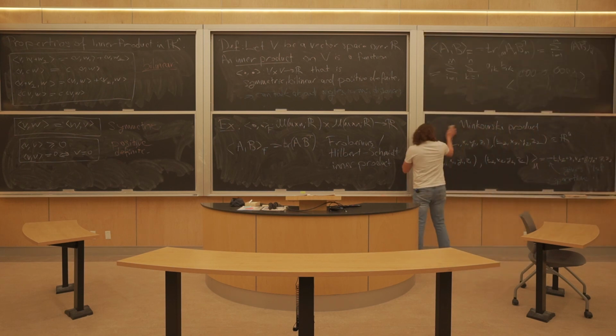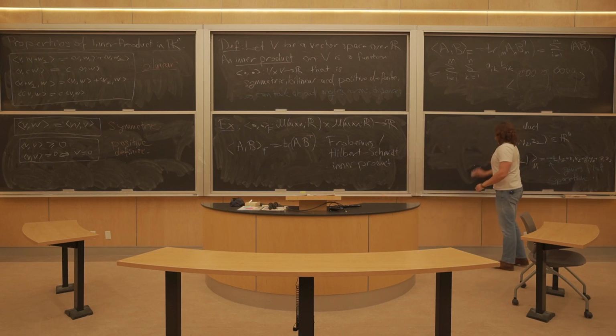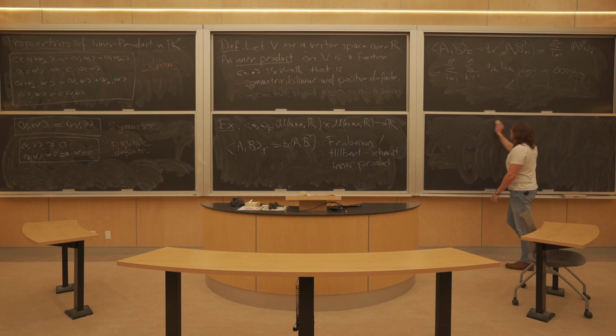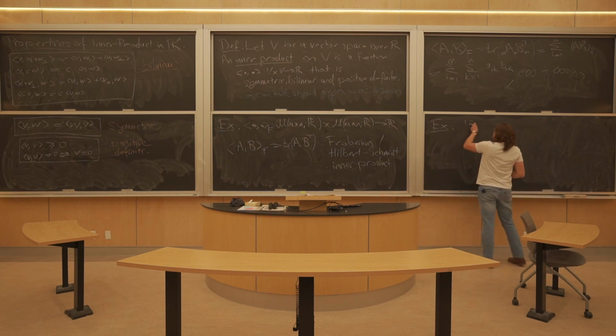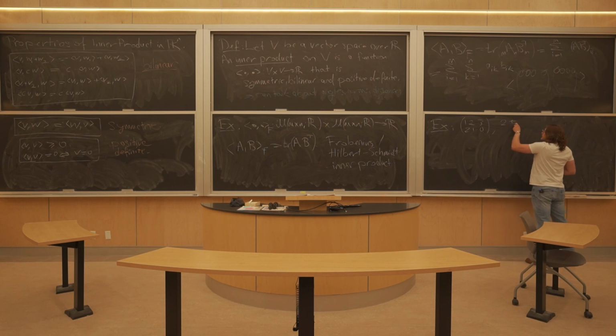So let's perhaps write a numerical example. 1, 2, 3, 2, 1, 0 against 2, 5, 6, 0, 0, 1.